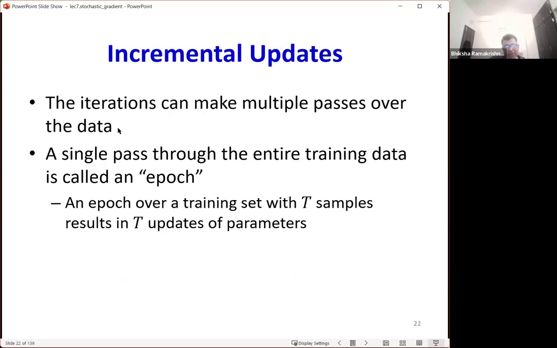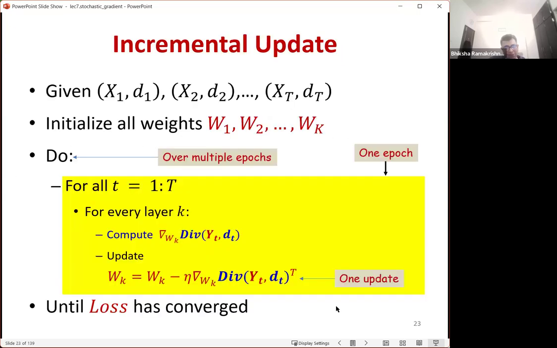And in fact, when you do this, your iterations can make multiple passes over the data. A single pass over the entire training data is called an epoch. So an epoch over a training set with T samples means that because you're making an adjustment after each sample, you will make T updates of the parameters. And so within our pseudocode, you would be passing over the entire data multiple times.